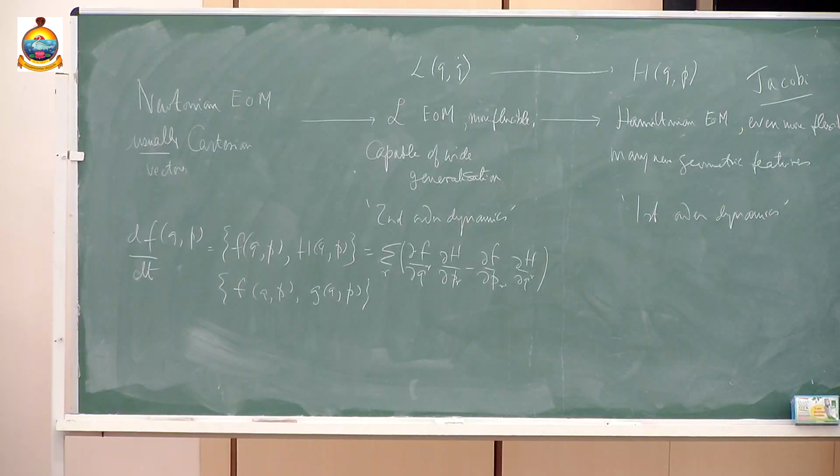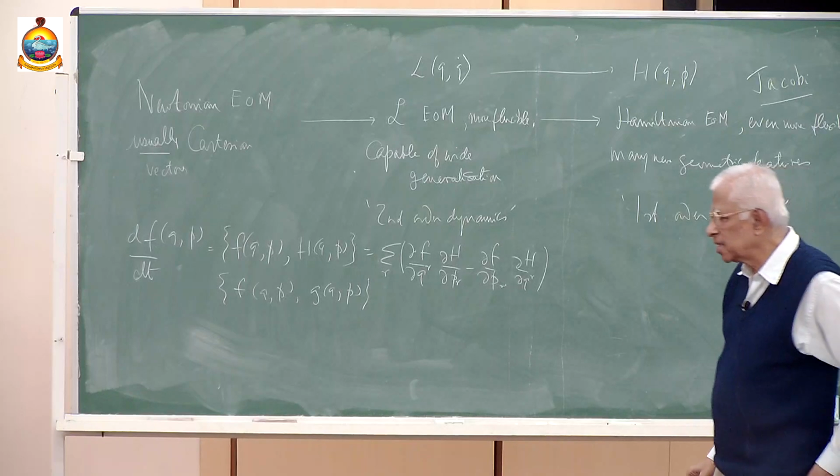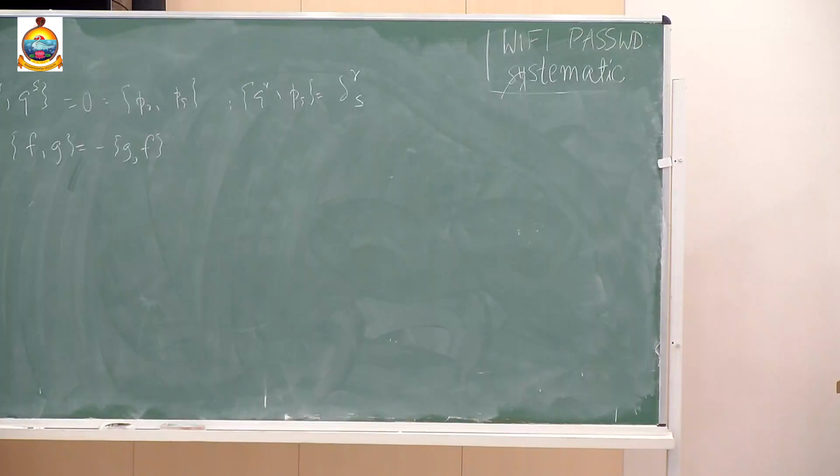Second is a pair of algebraic relations. One is the statement that the Poisson bracket of two functions f and g is antisymmetric under interchange of f and g.